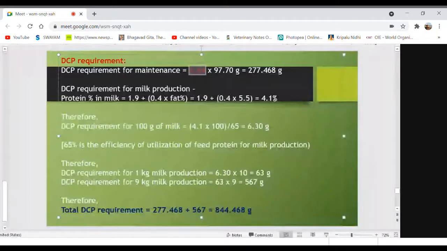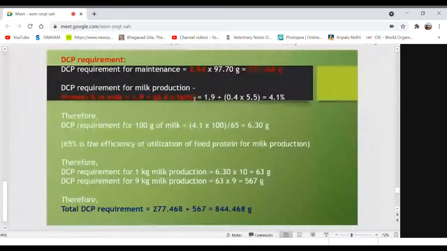Okay, 1.9 plus 0.4 into fat percentage. In this case, 1.9 plus 0.4 into 5.5, it will be 4.1%. 4.1% will be the protein.